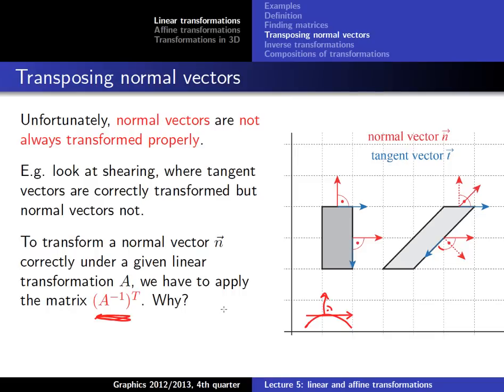And if we apply that to the normal vector, so here for the object we apply the transformation matrix A, but for the normal vectors we have to apply the matrix A, the inverse of A transposed, and then we get the correct normal vector and not this wrong one. That would be the one that we get when we apply the matrix A. And this is the one we get with this matrix.